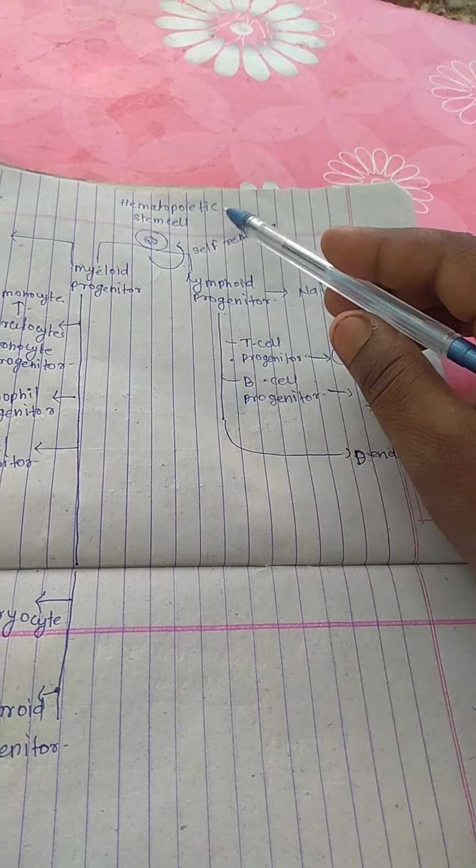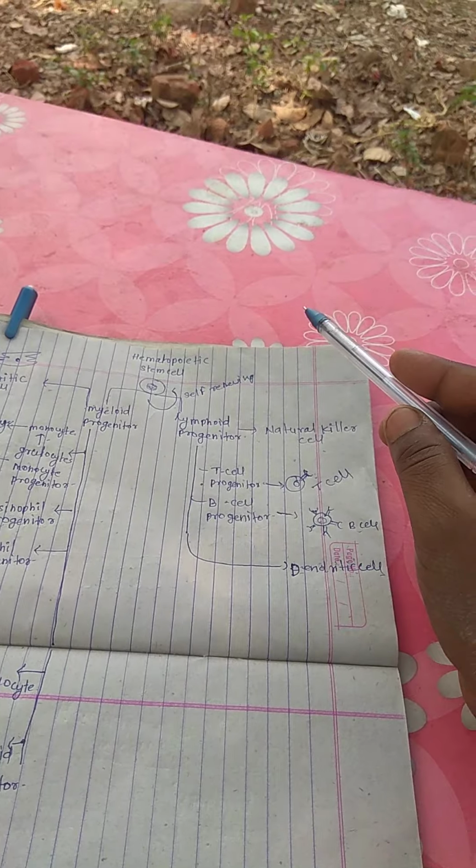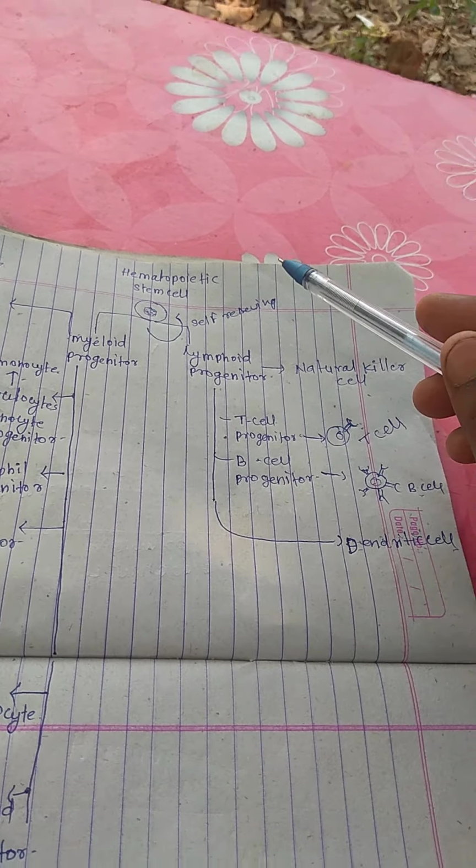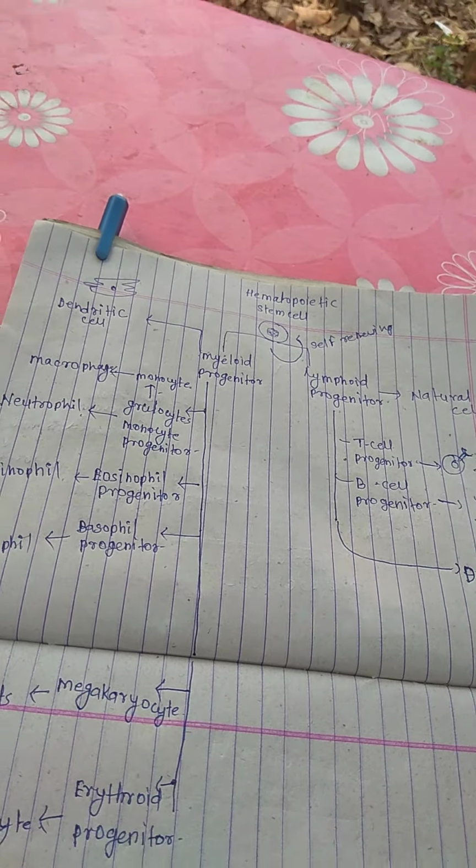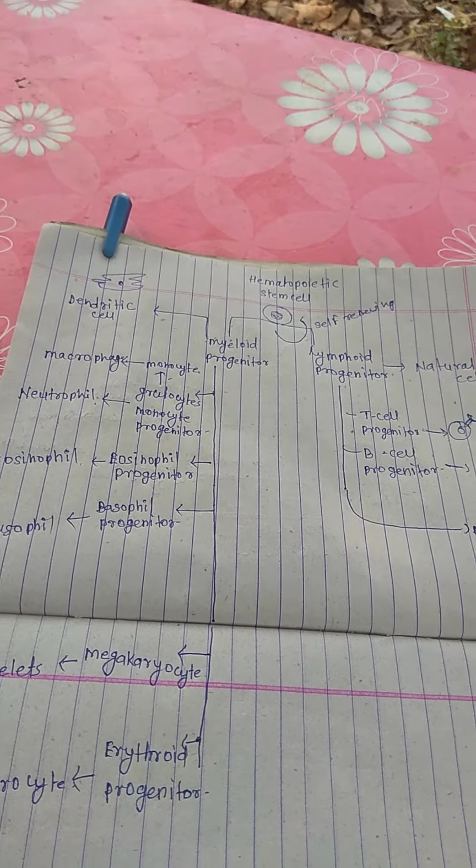In the first weeks during fetal development, hematopoiesis occurs in the yolk sac.